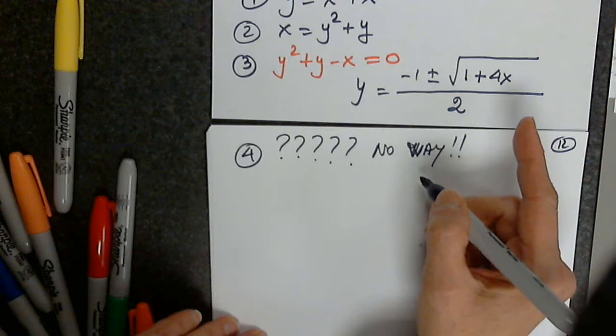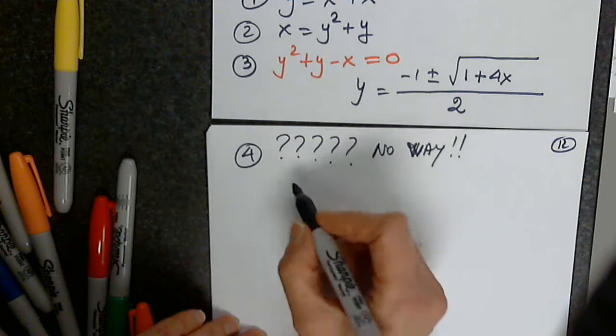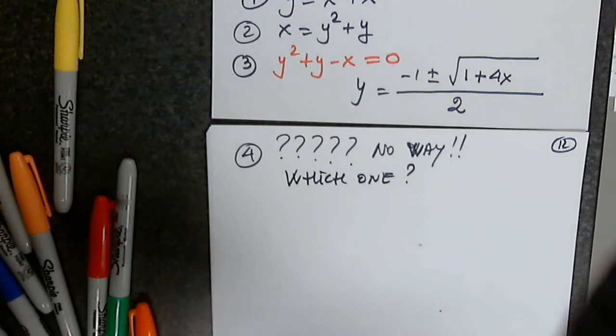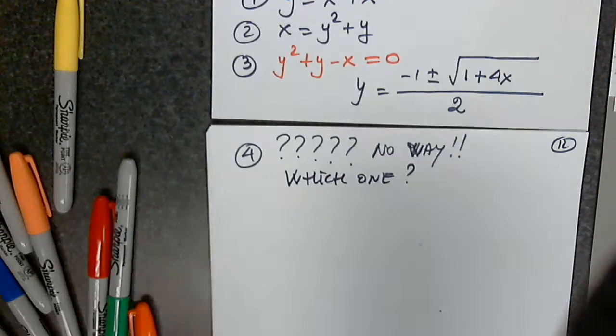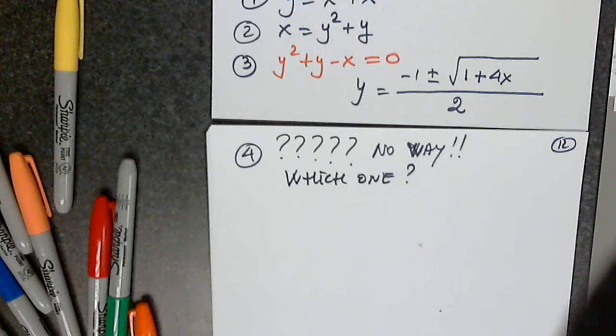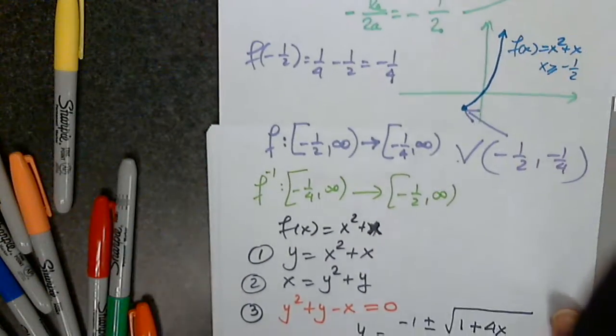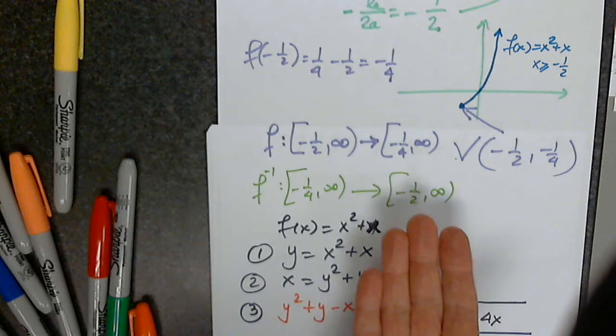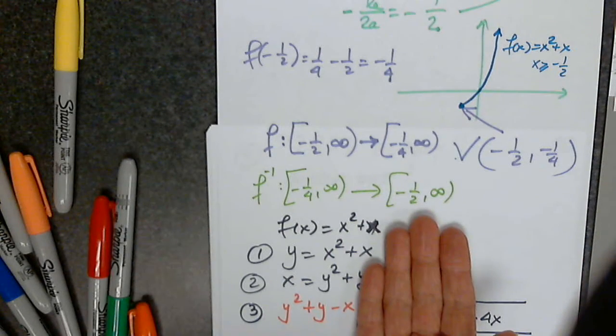It can't have two functions. Which one? I have negative 1 plus the square root over 2, and I have negative 1 minus the square root over 2. I can't have two functions. If the function is one-to-one, the inverse will be one-to-one. But the answer is right here. What type of answer will I have?